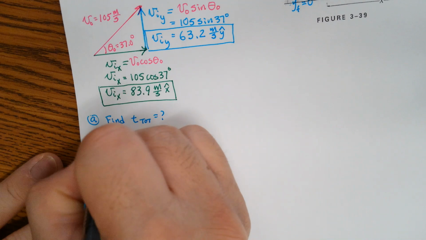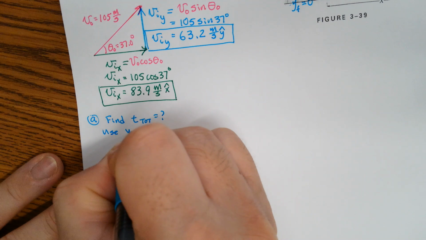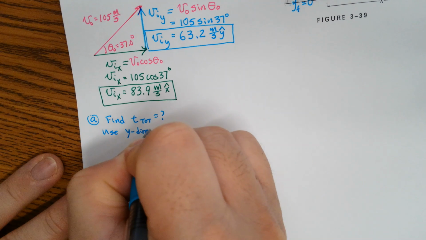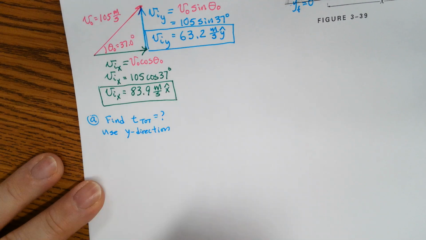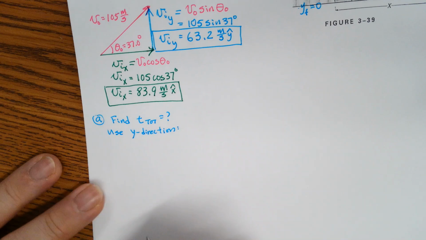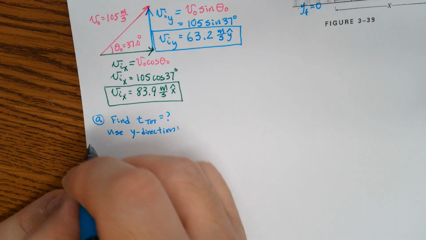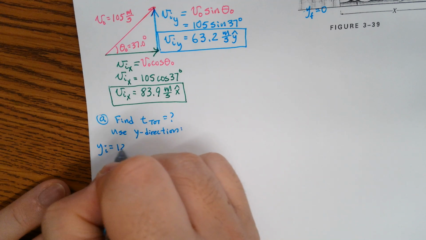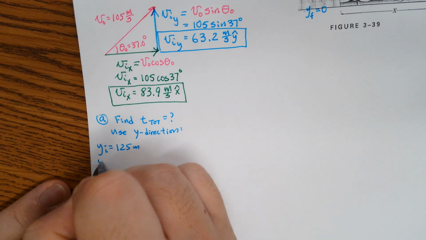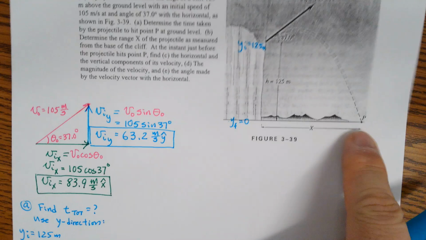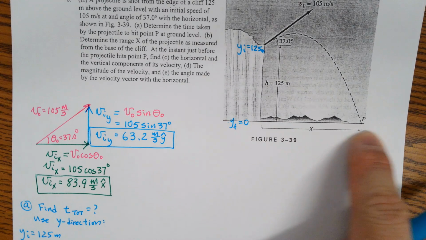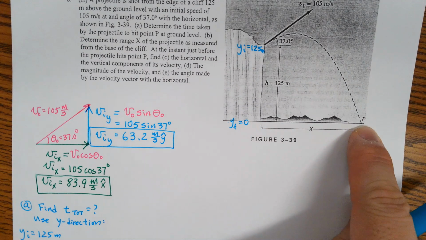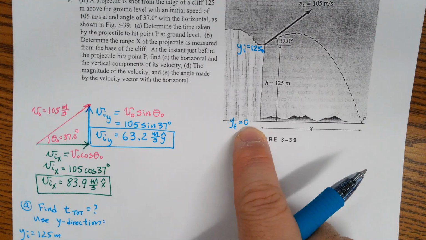So use Y direction, and let's list everything we know in the Y direction. We know y initial is equal to 125. y final at point P is 0. Right? At point P right here, y final is 0.